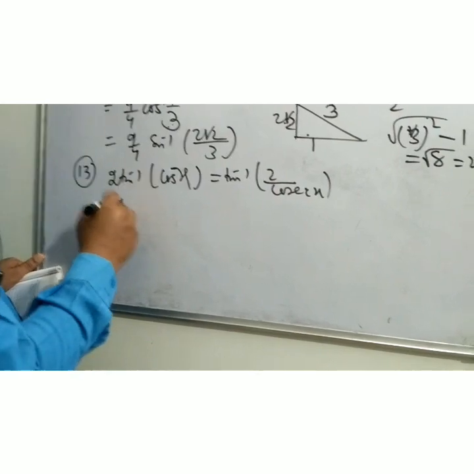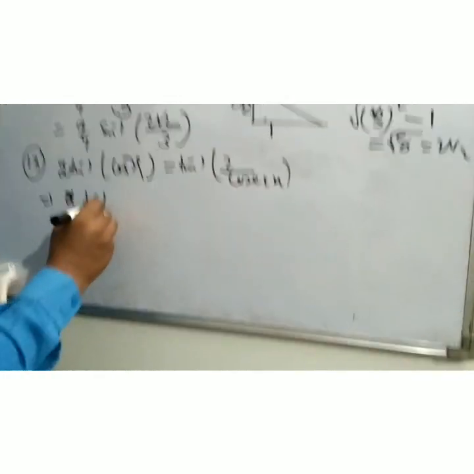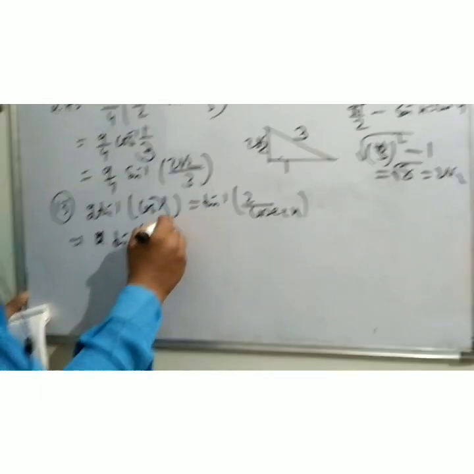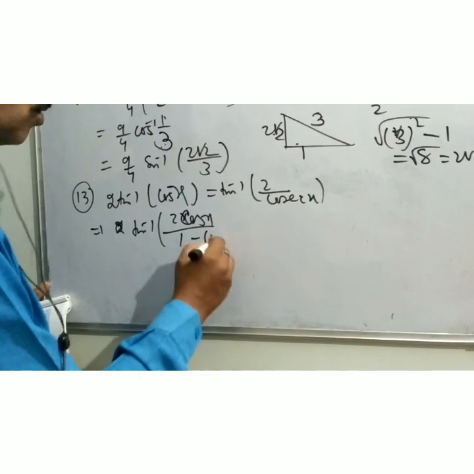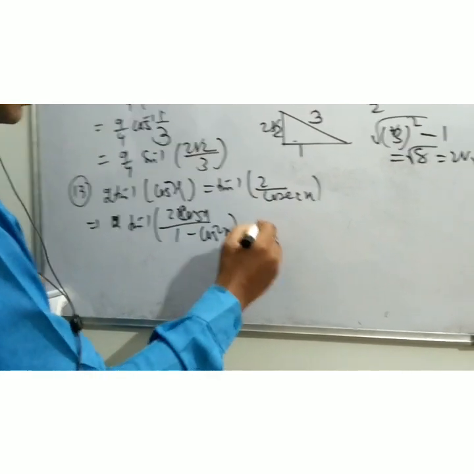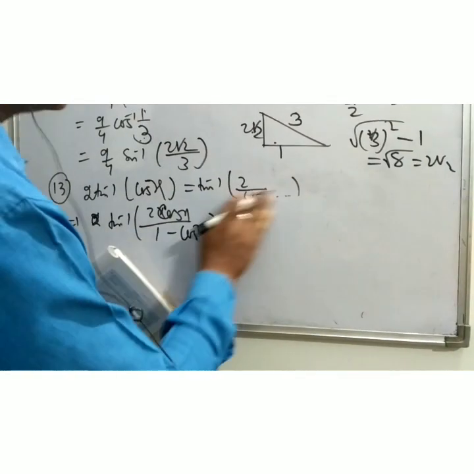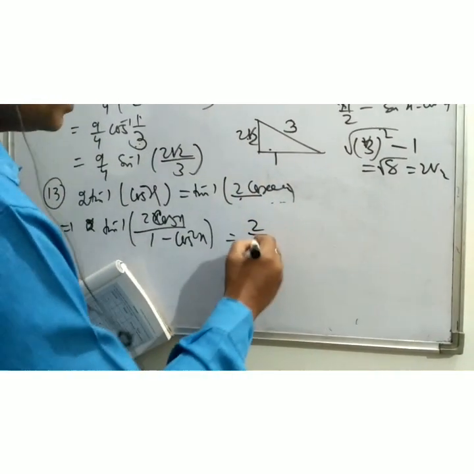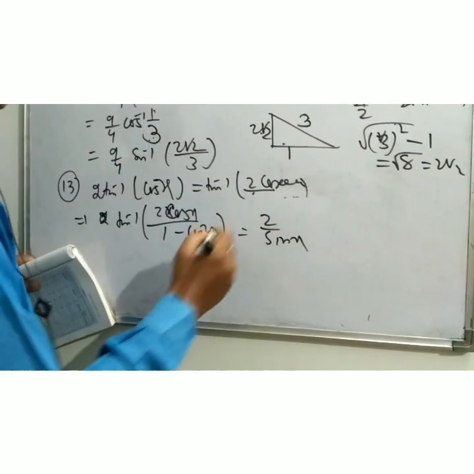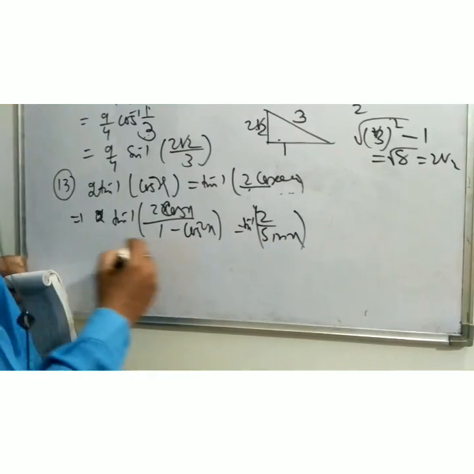So 2 tan inverse x formula is tan inverse 2x by 1 minus x square, here it is cos x by 1 minus cos square x. In this case, 2 cosec x, sorry, 2 by sin x, so tan inverse 2 by sin x.